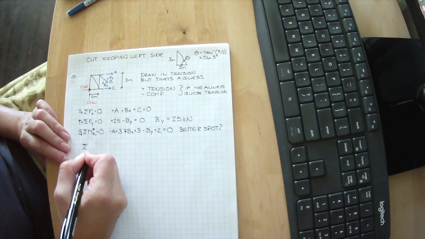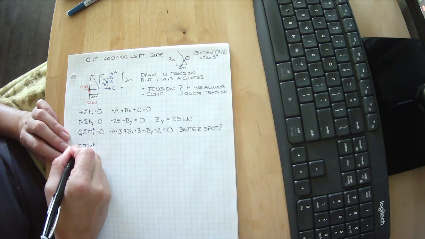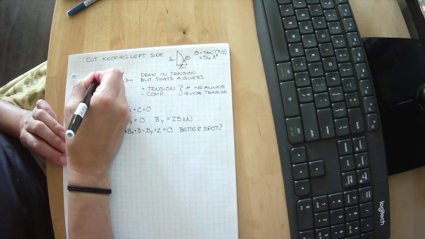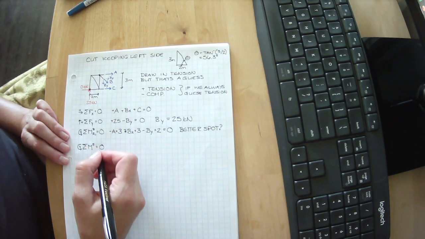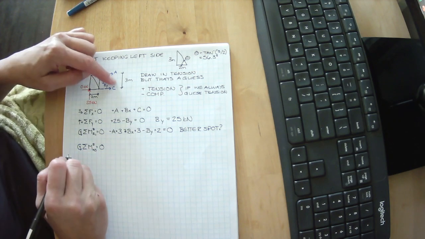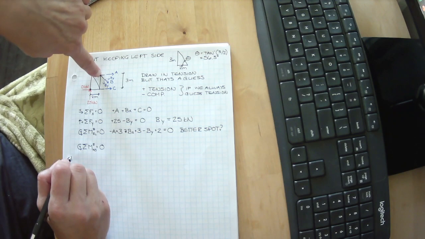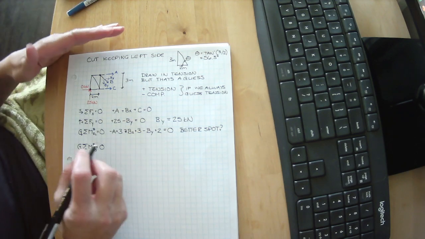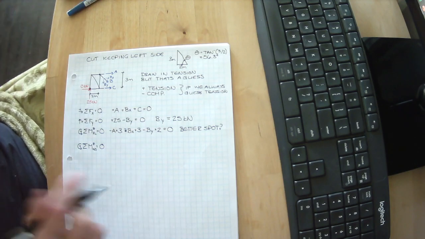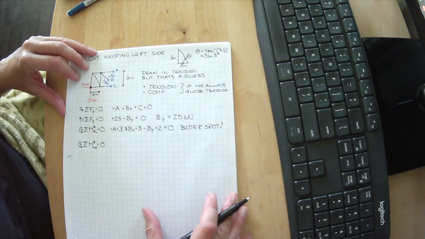What if, instead of this, we summed the moments about the z-axis with everything in that direction being positive at this node right here? I'm going to call this node AB, right where A and B meet, right there. So I'm going to spin it about this point right here. Remember from our teeter-totter example, we could pick whatever spot we chose to spin about. Once it's in static equilibrium, it's in static equilibrium.